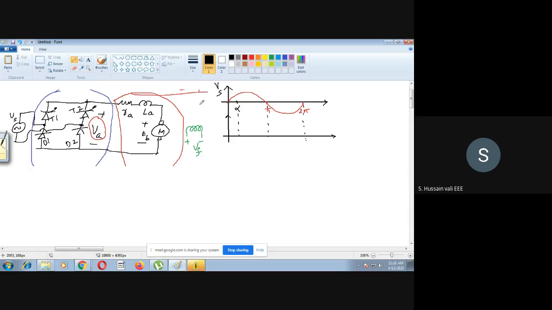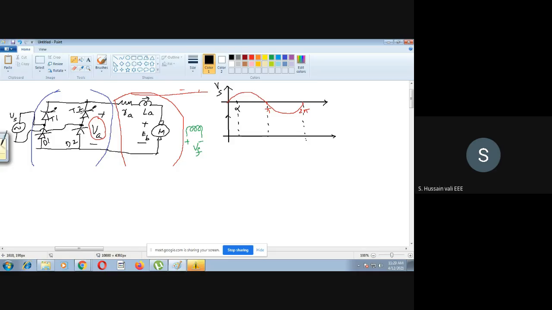If it is continuous conduction, what I told last class is that the energy in the inductor La will not become zero, even when you trigger thyristor number 2.